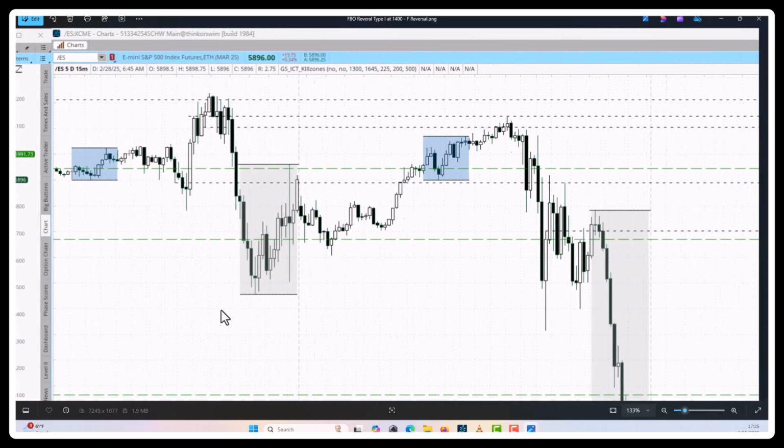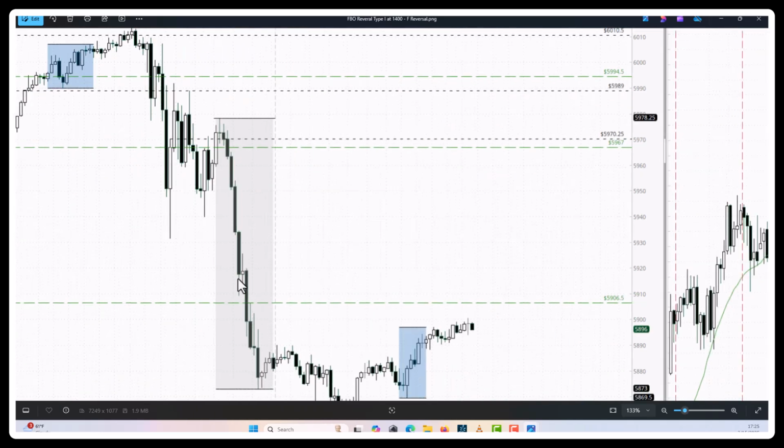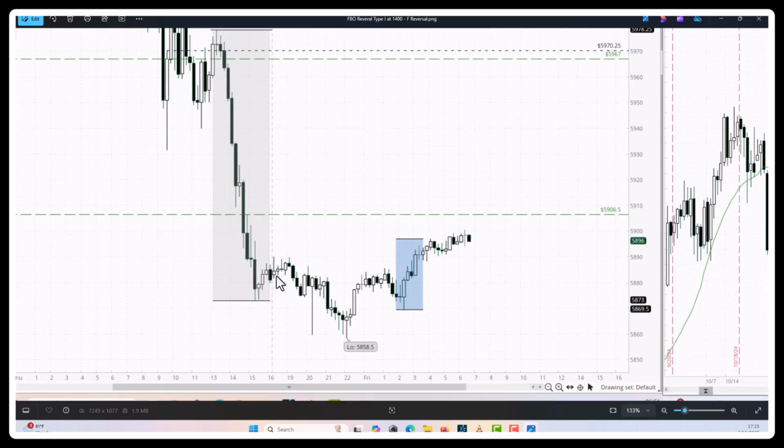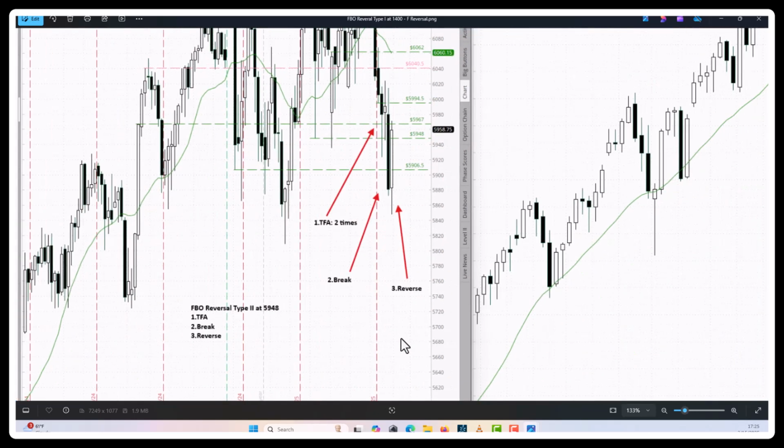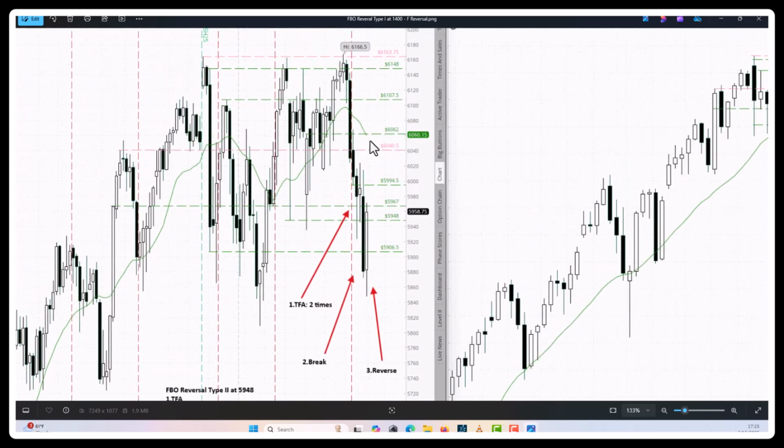Here's the weekly. Okay, so it opens right there, and then in Asia it comes down and rises above the open at 18. All right, that's before. But at the end of the day, we see that reverse right there.